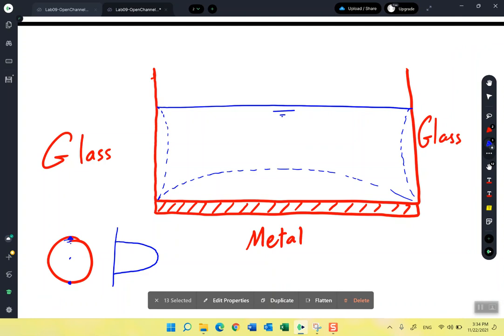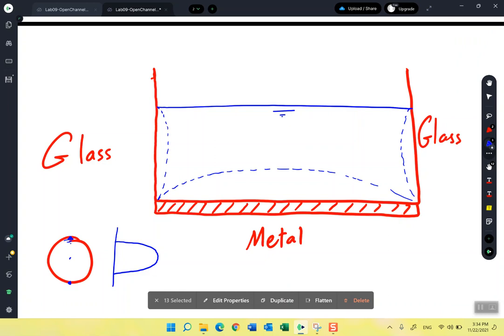And can you guess which friction should be higher? Which friction coefficient should be higher for metal or glass? Metal should be higher. Who agrees with that? Yeah, this is right actually.